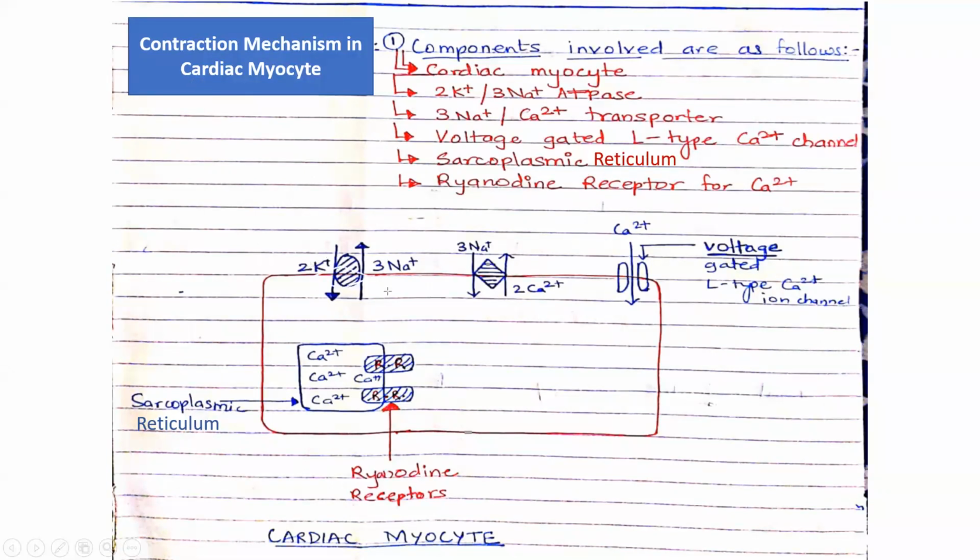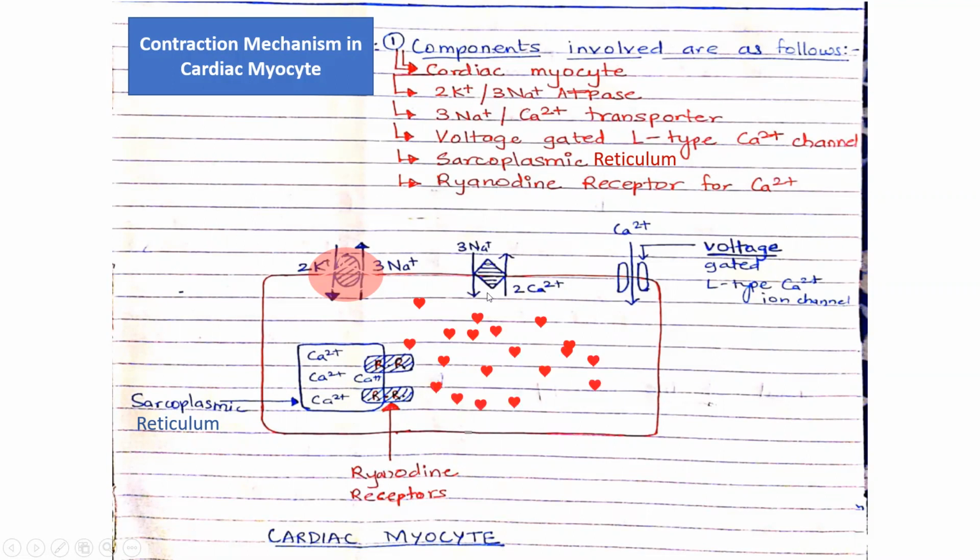So because your digoxin is acting here, suppose so digoxin has blocked this. So it has blocked the exit of sodium. So there is lot of sodium now. Lot of sodium present inside. It cannot leave the cell.